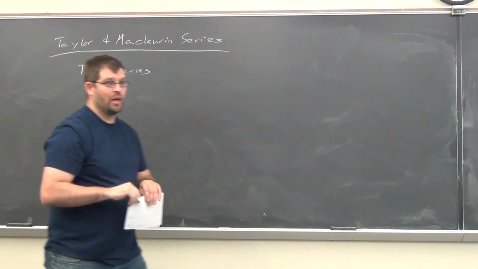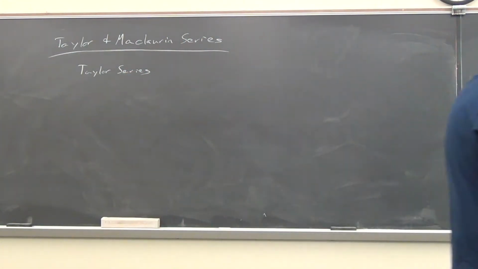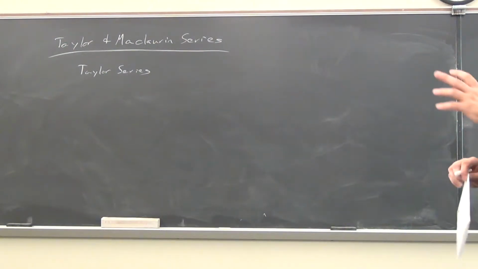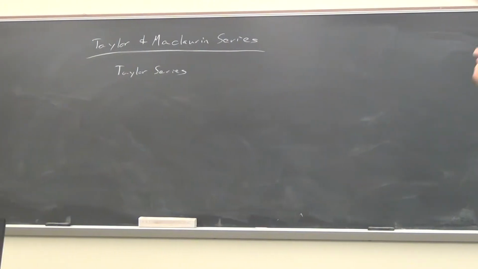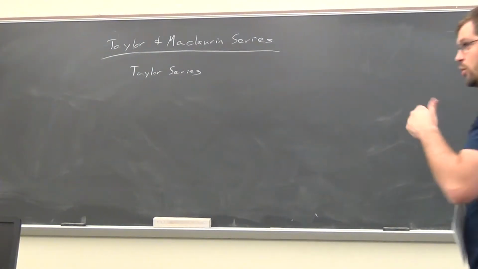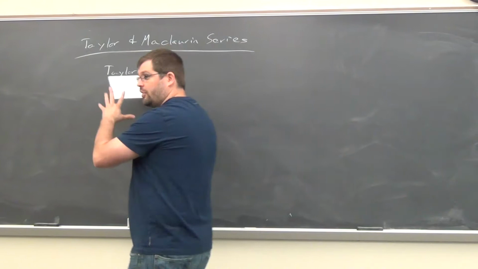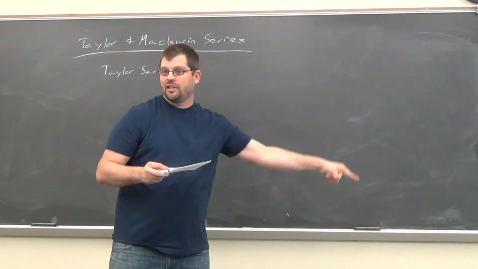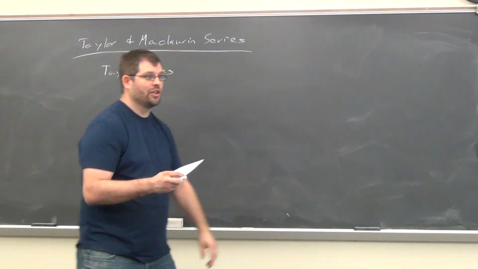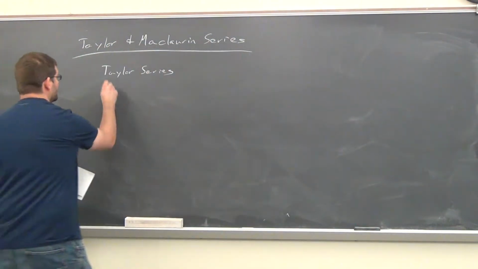Now again, I'm not going to write out every detail of these definitions, but the point is that when we define these things, I'm assuming all of the derivatives exist. So all the functions we're looking at here, your Taylor series, your Maclaurin series, only are defined if every derivative exists. So you can't have a function where you get weird stuff happening with its derivative.